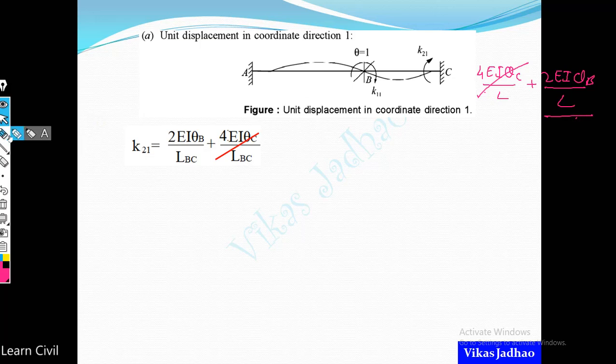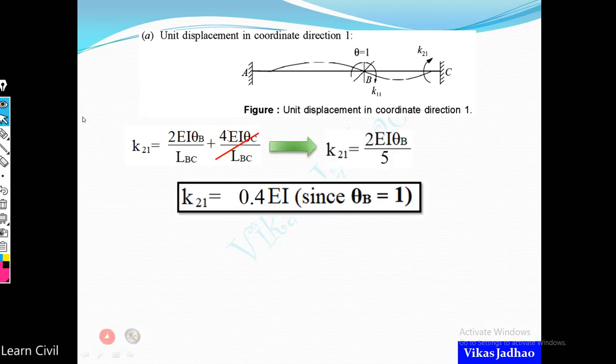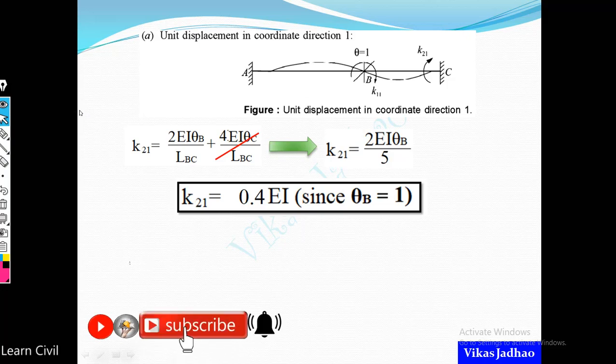Substitute the value of span BC, and we know that theta B is equal to 1 because we have applied unit rotation at joint B. So putting theta B equal to 1, we get K21 equal to 0.4 EI.